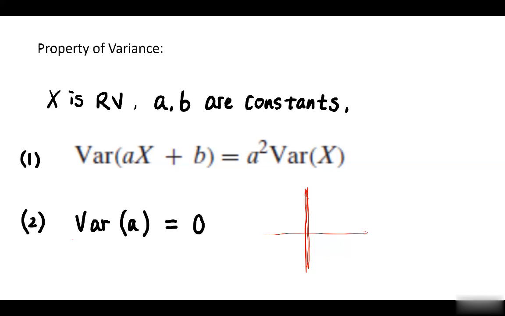So also remember this in your notebook. For any constant, variance is always 0. Okay, please write these two properties down in your notebook. Okay, any questions?